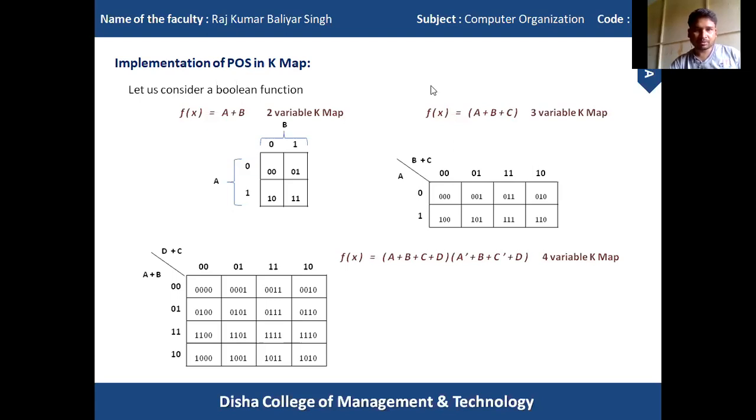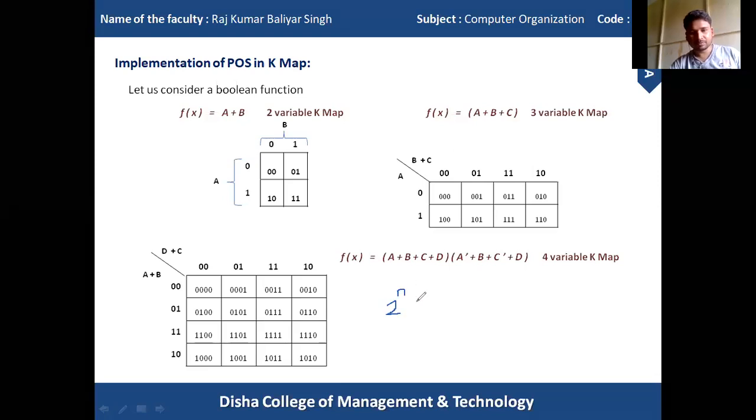Here a small question will arise: how can we find how many variables the K-map should have for a particular Boolean function? The formula is very simple. It is the 2 to the n formula, where n is the number of variables used in a function. Whatever result comes is the number of cells that should be present inside the K-map table. For this function we have two variables, a and b.